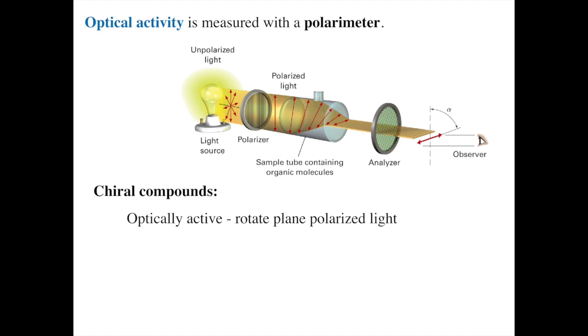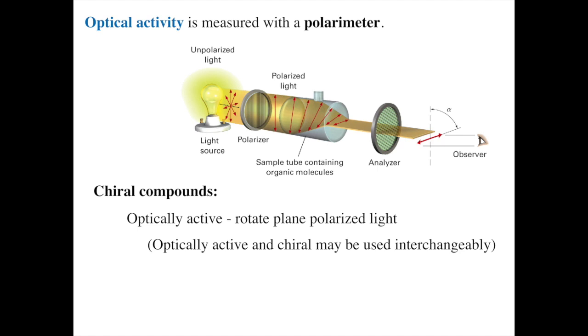If you have a chiral compound, that is optically active. It will rotate plane polarized light. These terms, optically active and chiral, are actually interchangeable. If a molecule is chiral, it is optically active. If it's not chiral, it's not optically active.